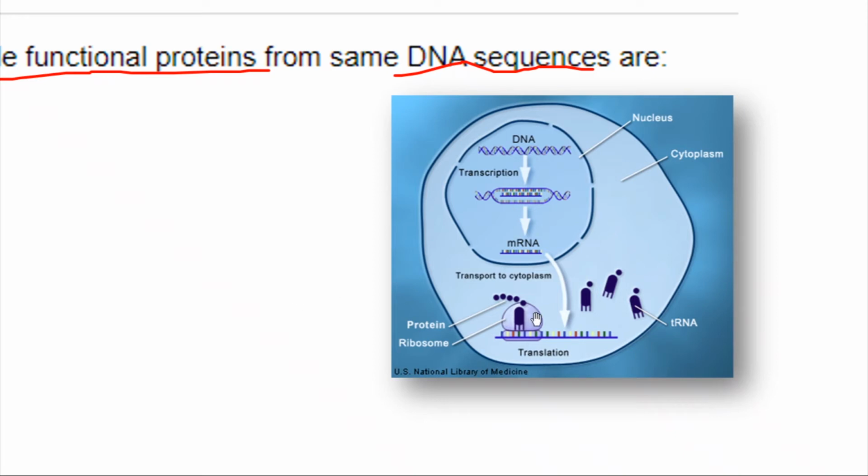Thus we can see the flow of information from DNA to RNA and then to protein is one of the fundamental principles of molecular biology, called the central dogma.